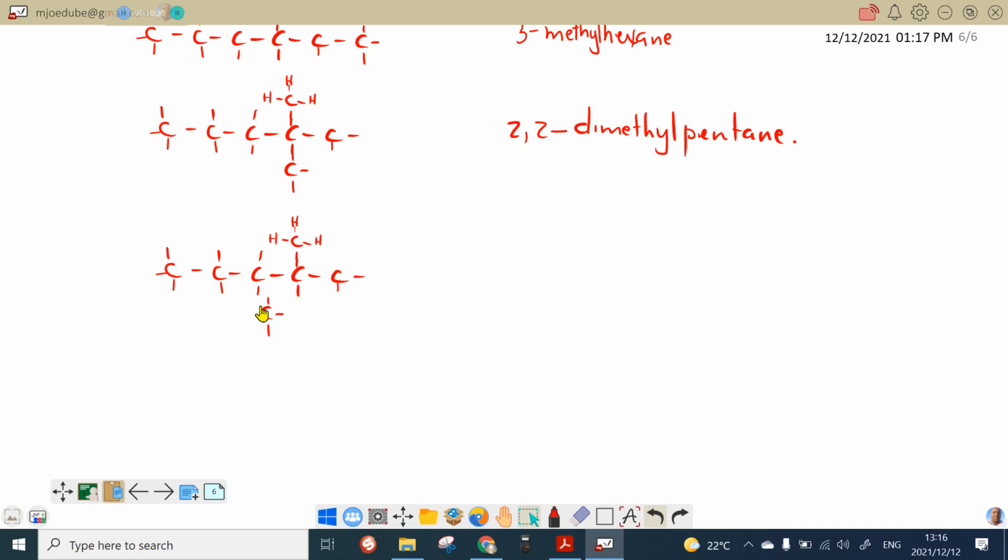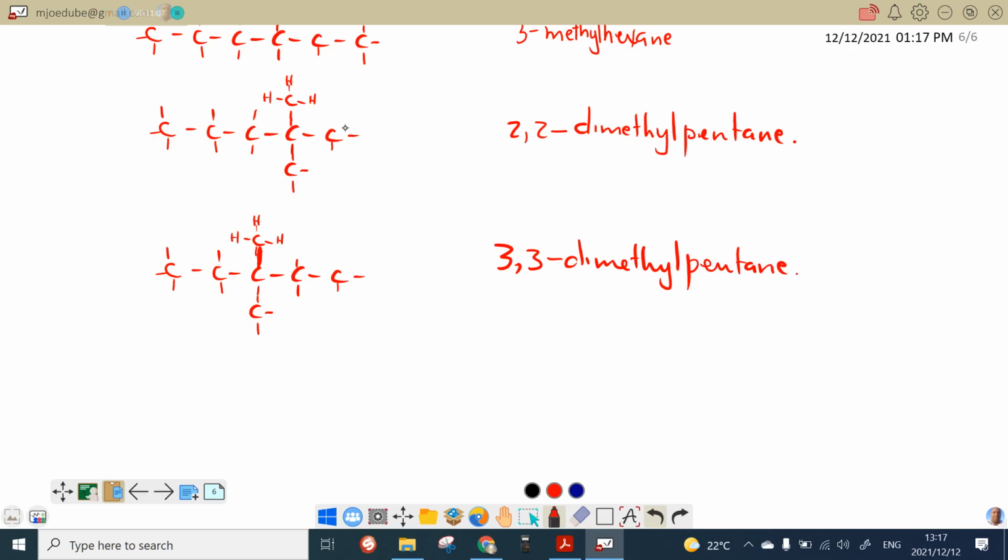So on carbon number 3 I would have that, and then cut that there as well, and then move that to carbon number 3. That's a single bond, and so this would be 3,3-dimethylpentane.